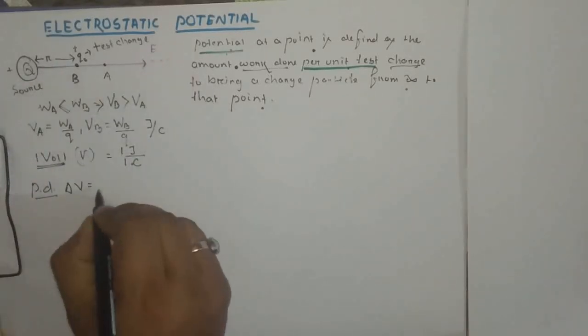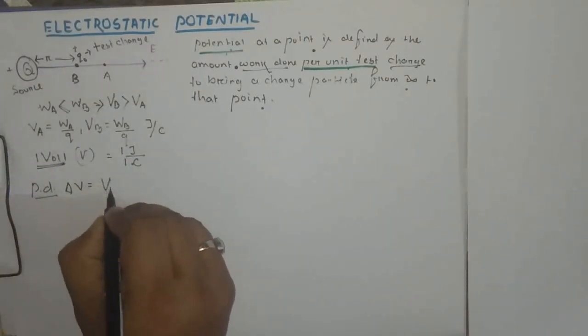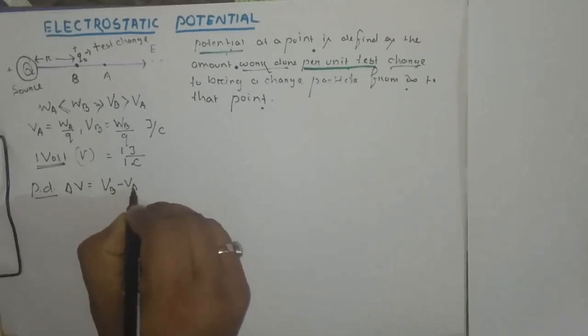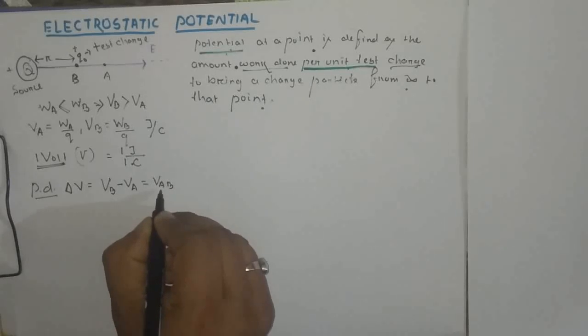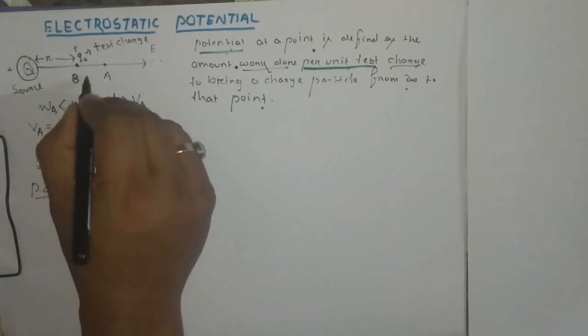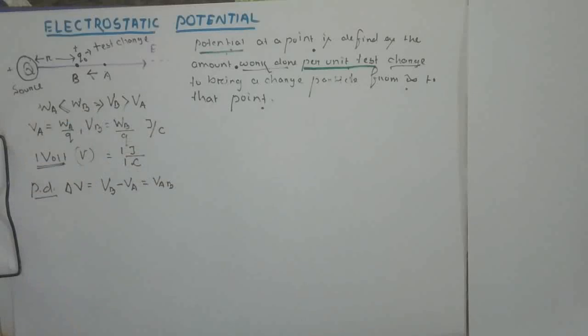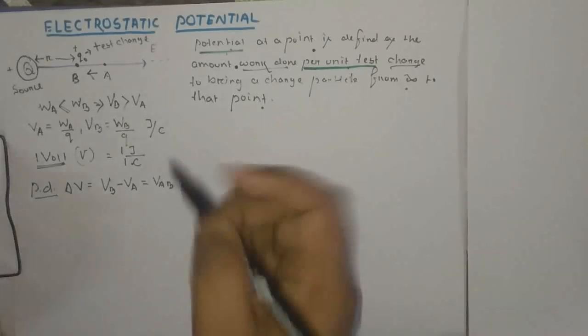Now what is potential difference? In this case, that is VB minus VA, in one word written as A to B. A to B means I want to move from A to B. So what will be its definition? Very simple definition. Look here carefully.